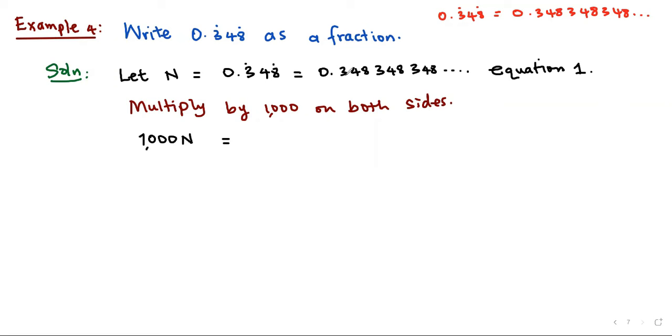Then we get 0.348 repeating times 1000. The decimal point will skip three digits, so we have 348.348, 348, 348 repeating. We can call this equation number 2.